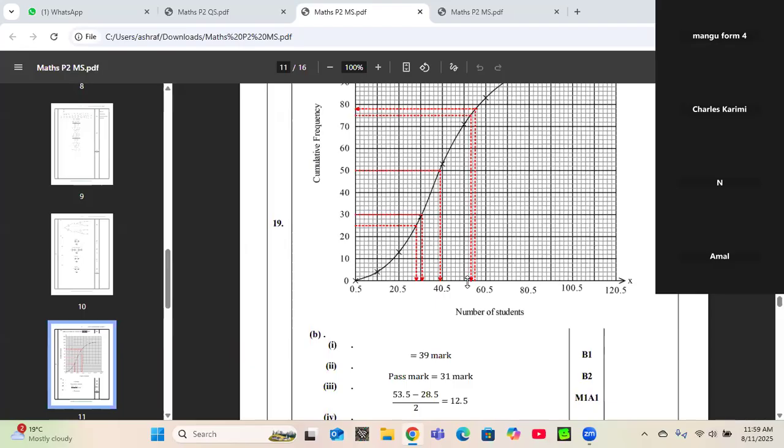How do you get to the number of candidates who passed? Suppose you're given the marks, the pass mark. How do you get the number of candidates who have passed? Any trials? Yes, Baraka?